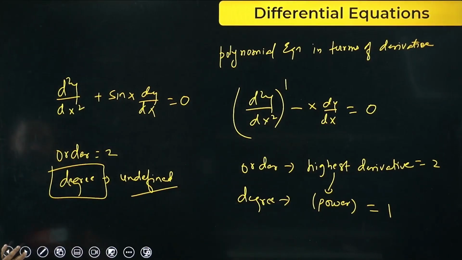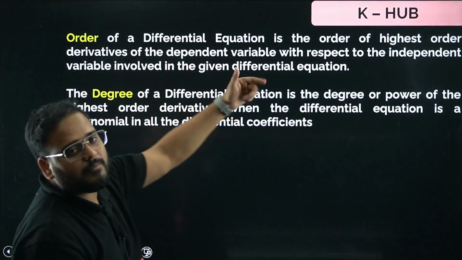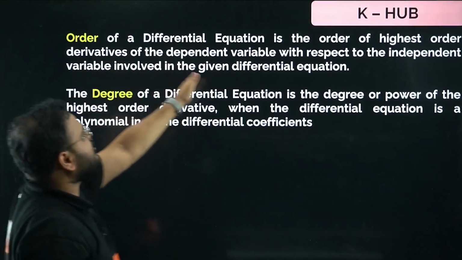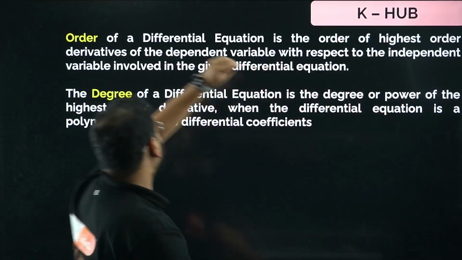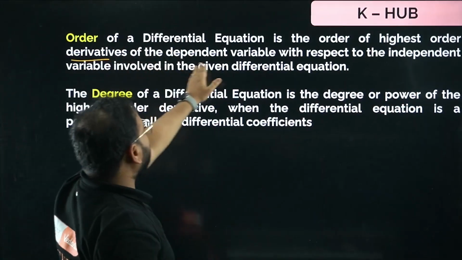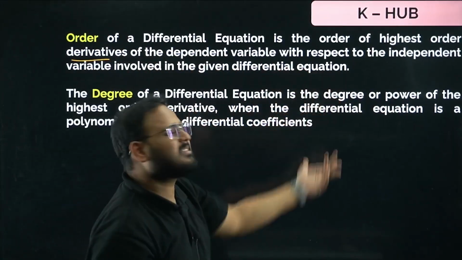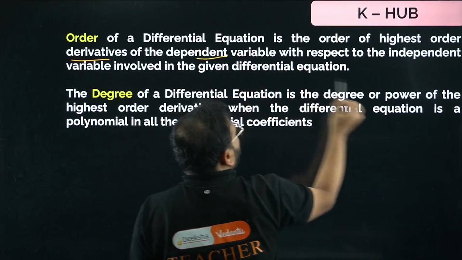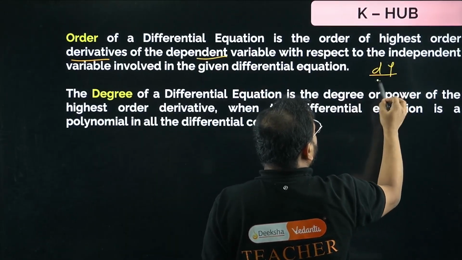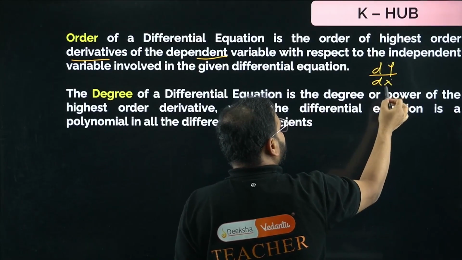Please check. Same thing I've written over here in the knowledge hub. Order of a differential equation is the order of the highest order derivative of the dependent variable with respect to the independent variable. Sometimes we write this as dy by dx, where y is dependent, x is independent.